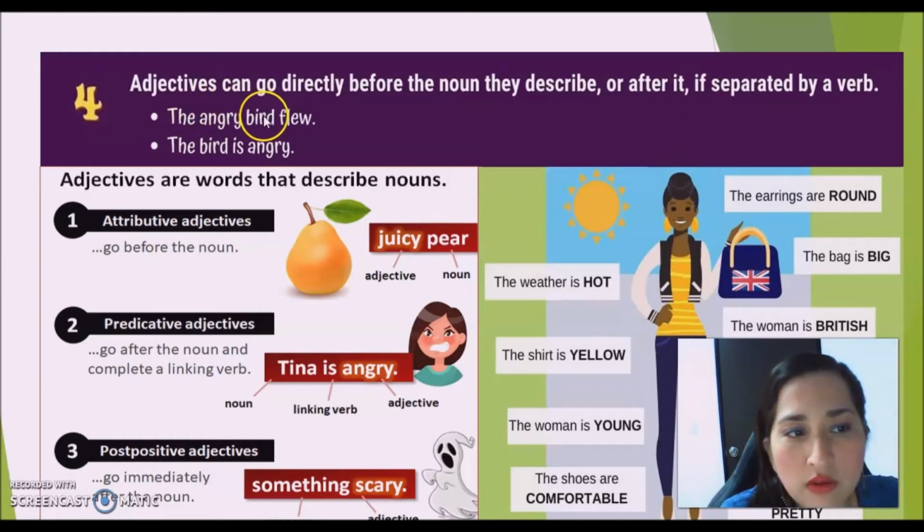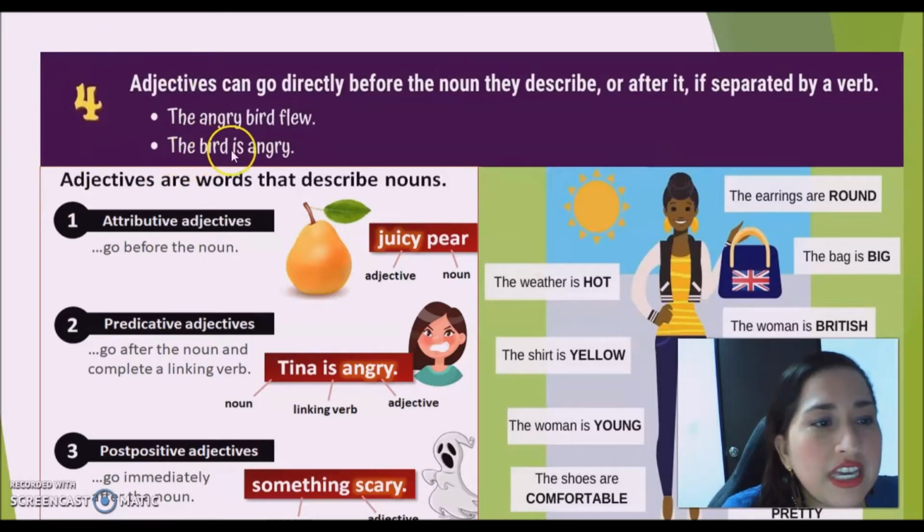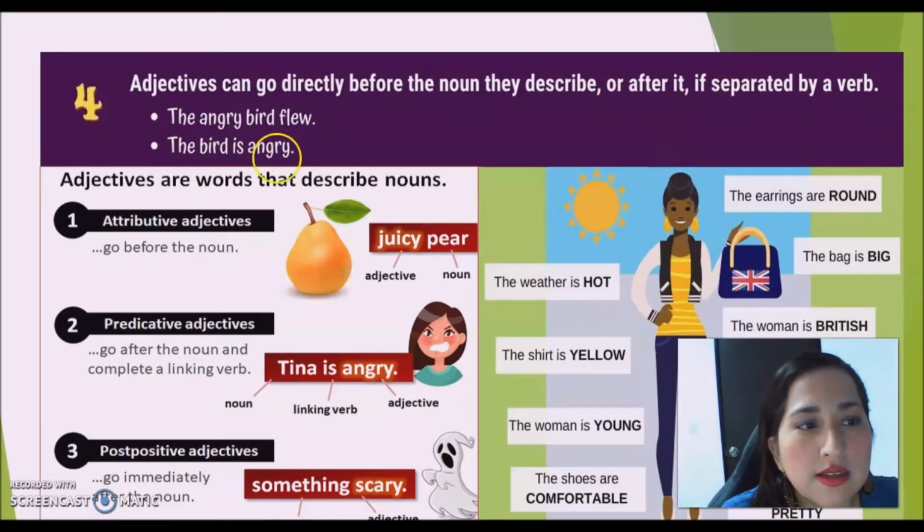Angry bird, beautiful house. Yes, before the noun, and sometimes we can use the adjectives after the noun. The bird is angry. The house is black. Yes, but separated with a verb.